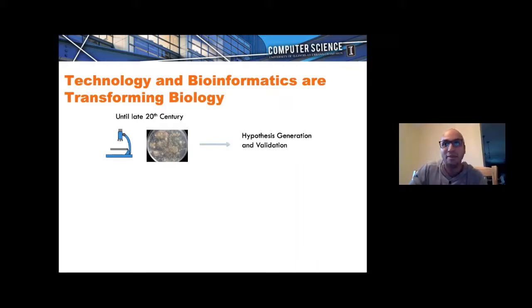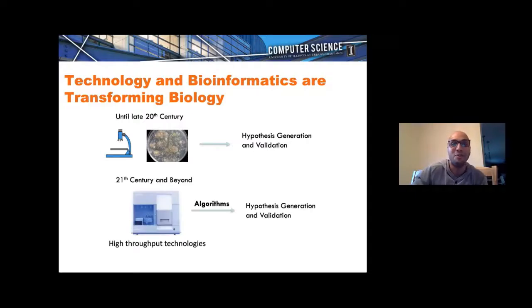What that means is you would look at one protein, for instance, or one component of a big complex system, and you would try to understand it from this small component and then work your way up. The classical way was to formulate a hypothesis and then try to validate or refute it. So it was mainly hypothesis driven, and really bottom up. You try to understand this big complex system by understanding individual pieces of the system.